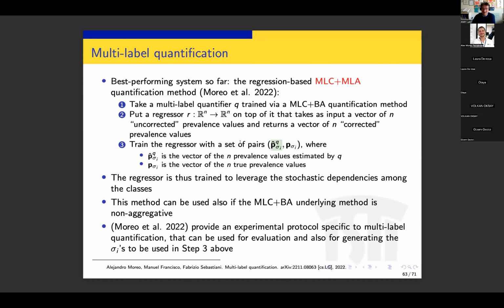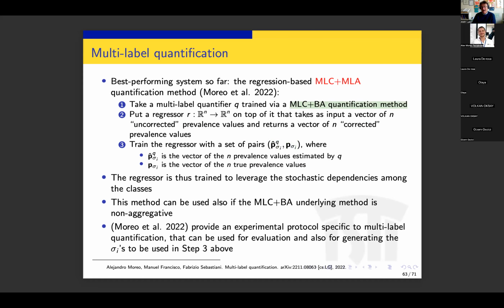So this regressor learns to map the prevalence values predicted by this method into true prevalence values. You might see it as a way of correcting the prevalence estimates of this quantification method.